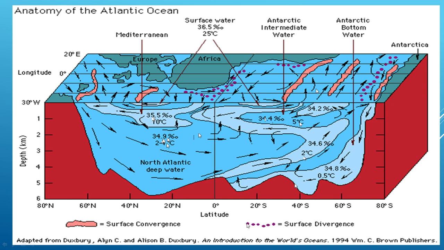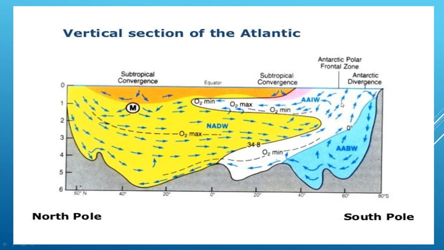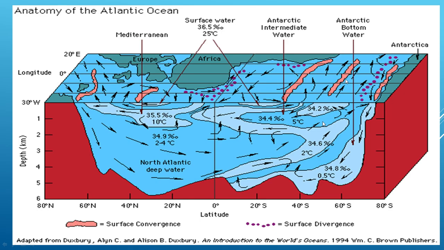Now, these little purple dots, they represent surface divergence, right? As I showed you in this previous slide, the North Atlantic deep water upwelling creates a divergence, and that shows here. So we have water moving apart. These pink represent surface convergence.